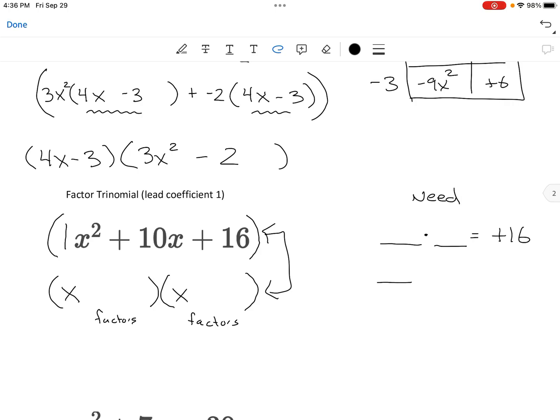Whatever these 2 numbers are, when you add them, they have to give you a plus 10, which is the middle term. We do have ways to label these. 1 would be your A, plus 10 would be your B, and plus 16 would be your C.